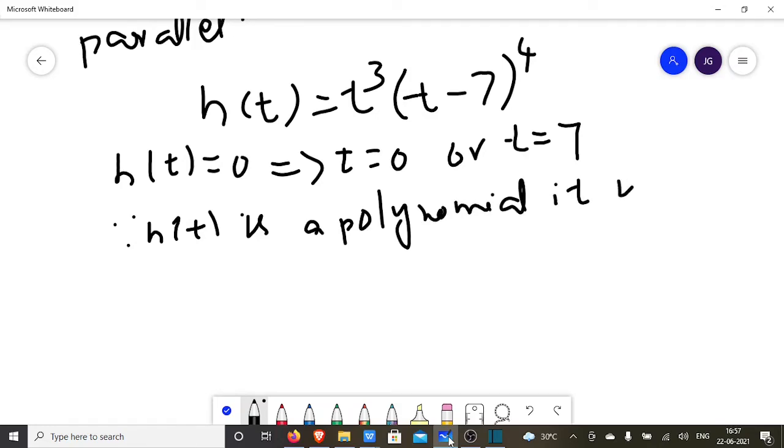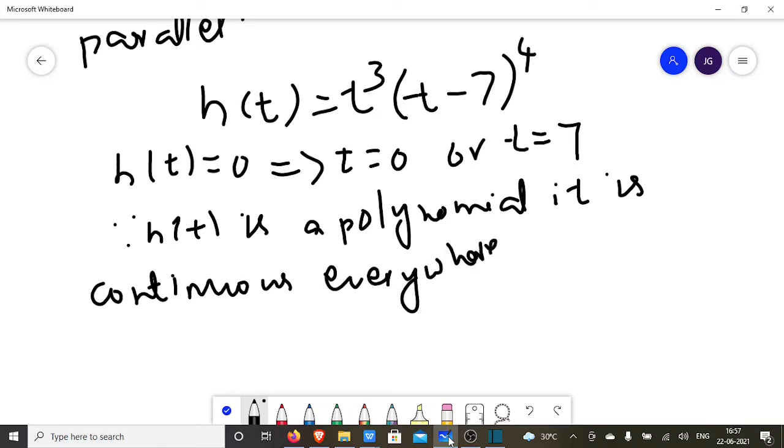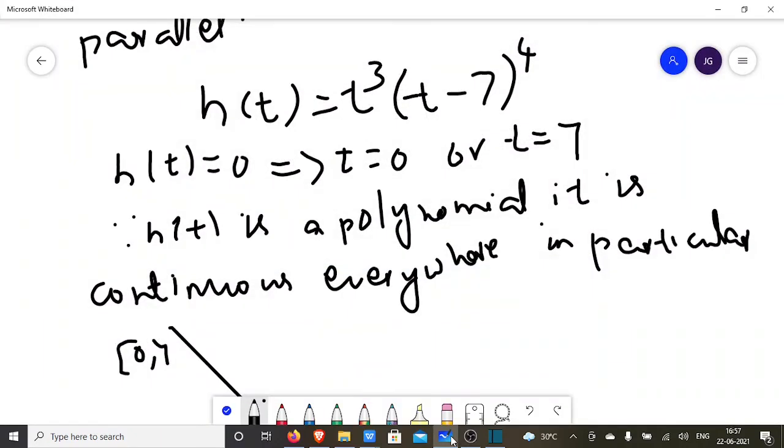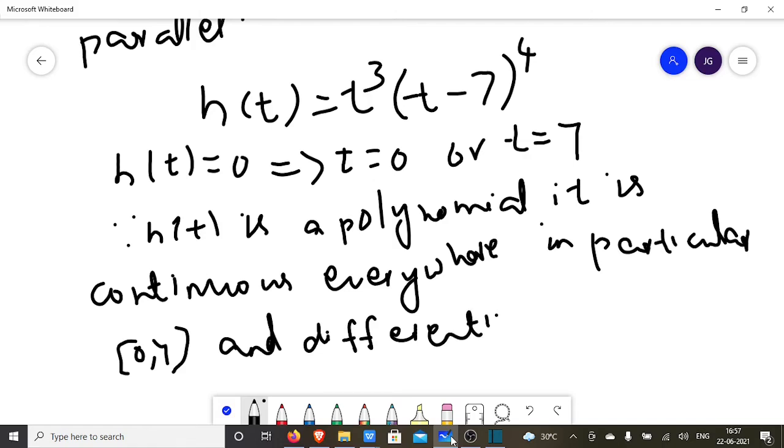In particular, it is continuous on the closed interval 0, 7 and differentiable in the open interval 0, 7.